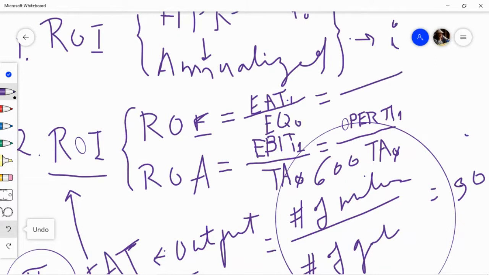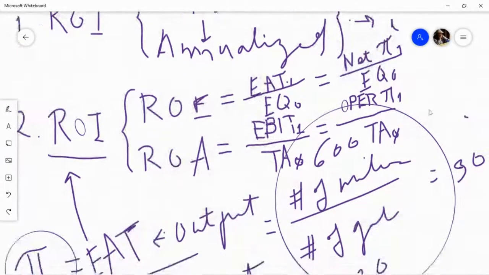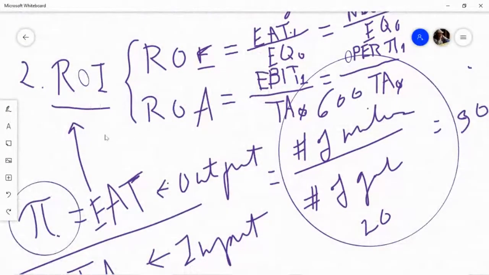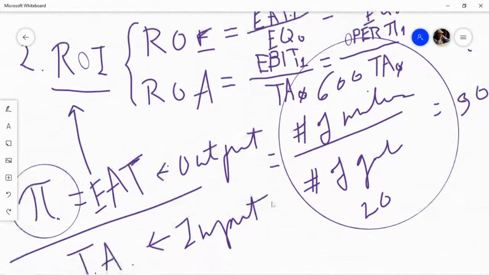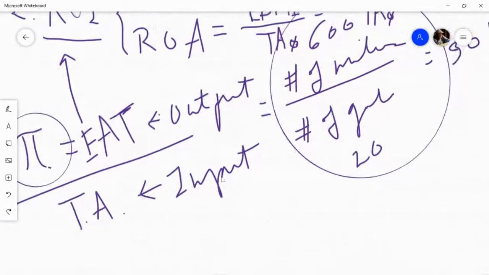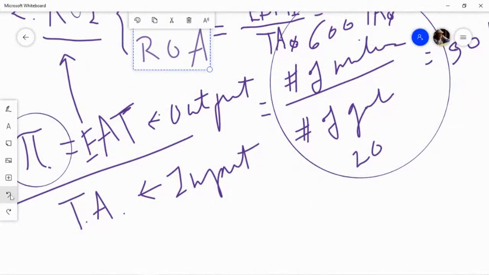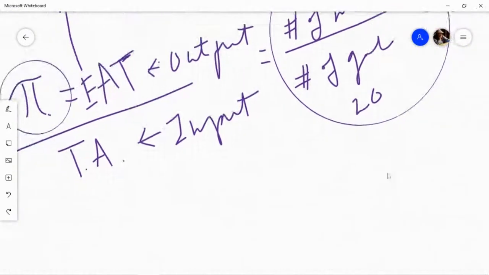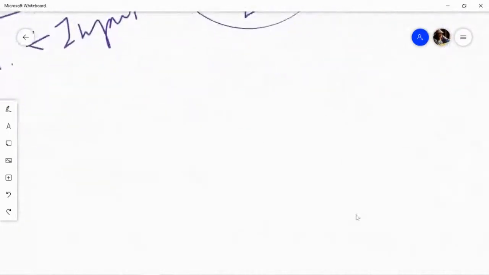Okay, EAT at time 1, which is now net profit, also called net profit at time 1, and equity at time 0. So these are two main measures of return on investment from the firm's perspective. ROE and ROA are two representative ratios for profitability.